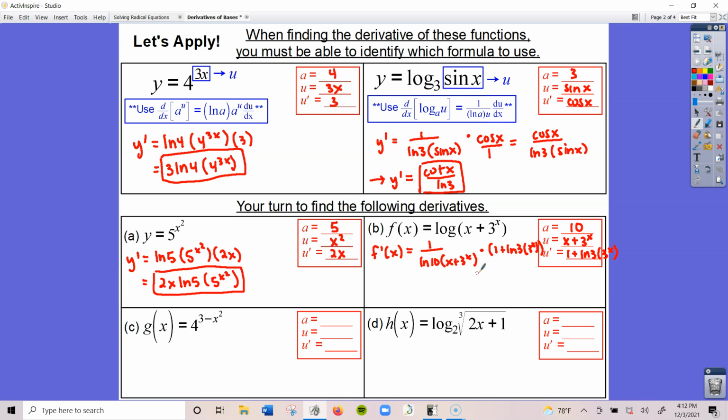We can now condense this because this is going to go in the numerator since it's over 1. So my answer for my derivative would be 1 plus the ln of 3 times 3 to the x all over the ln of 10 times x plus 3 to the x.